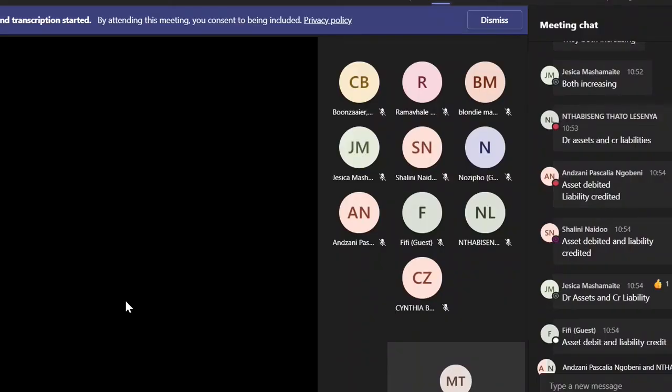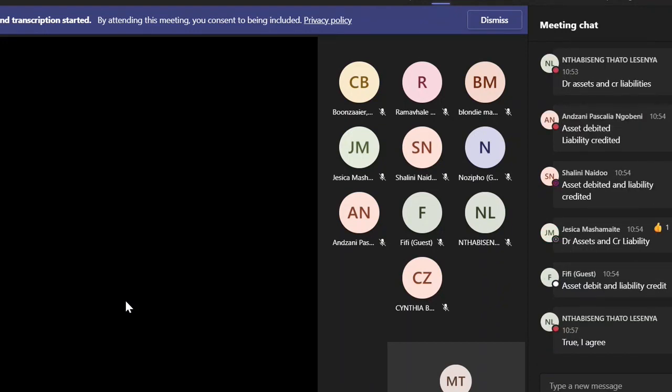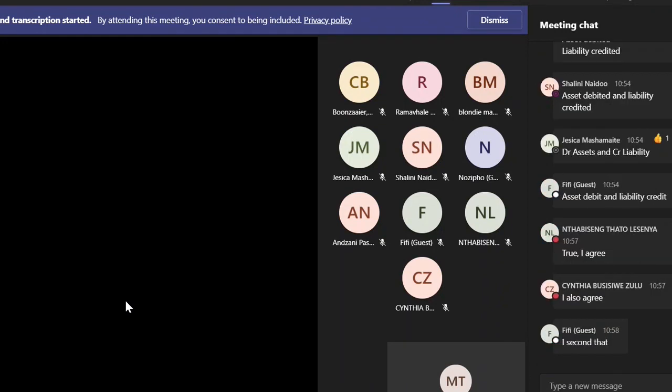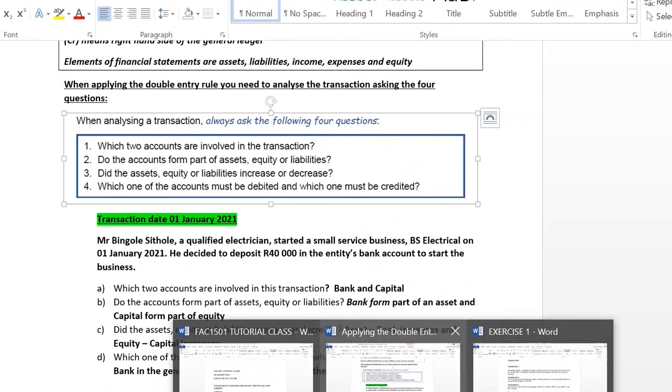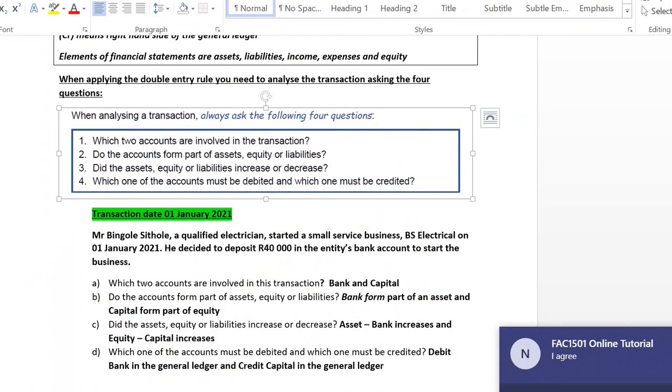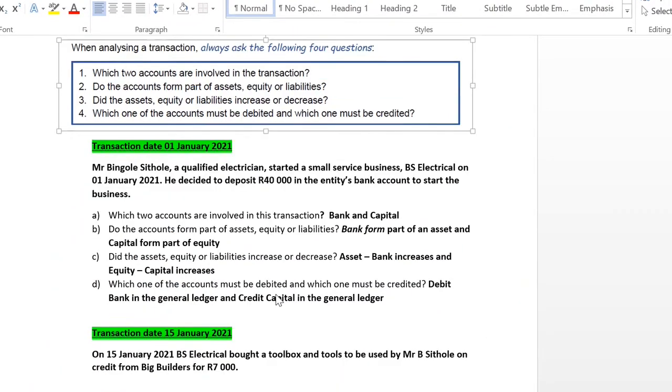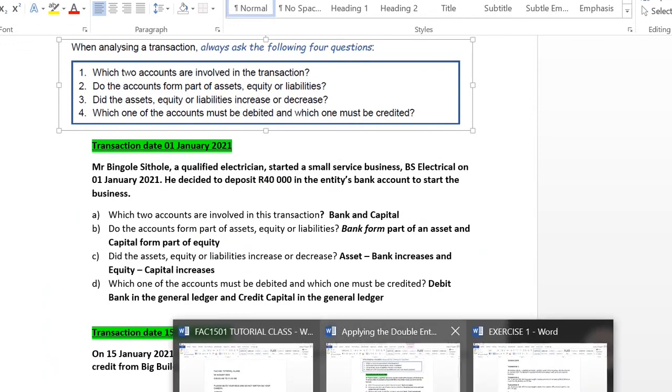It's important to put that plus or minus, but at the end of the day, your equation needs to balance. 8 equals 8. Ntabiseng agrees. Everybody is agreeing. Let's do transaction 3.